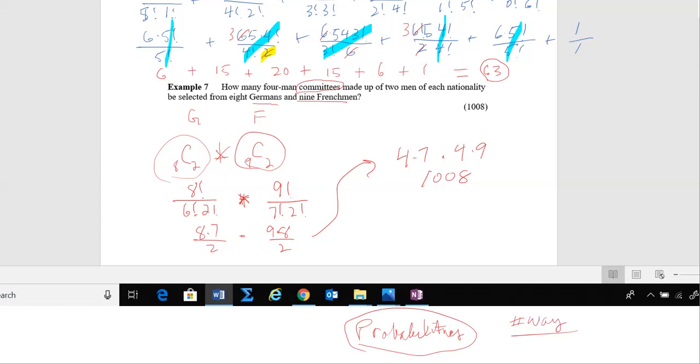And then you're finding sample space numbers. Okay, sample space numbers. So there it is.